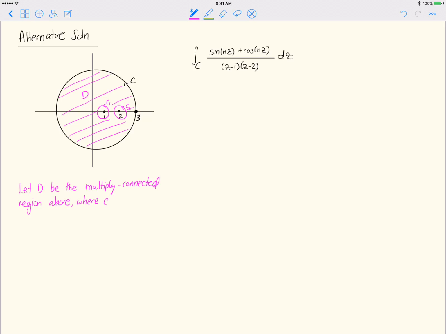So C1, C2 are circles of radius a quarter, centered at 1 and 2 respectively. Then in that case, we can see that D is a multiply connected domain, and my function is analytic in that domain.